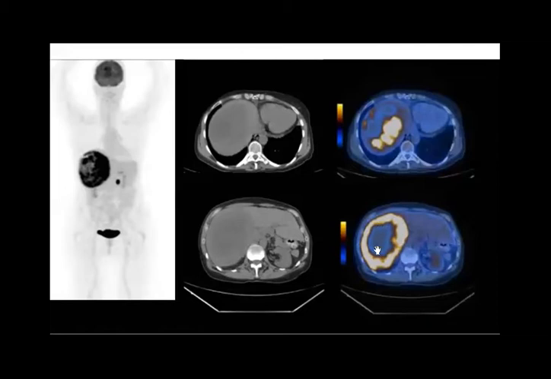So when you don't find the uptake in the center of the tumor, this means necrosis. And when you find necrosis, this means that this tumor has high metabolic activity and it's an aggressive tumor, right? That it has much necrosis. So now you can change your mind that it is not an abscess, it is a necrotic tumor, right?